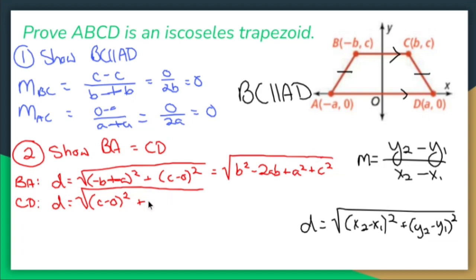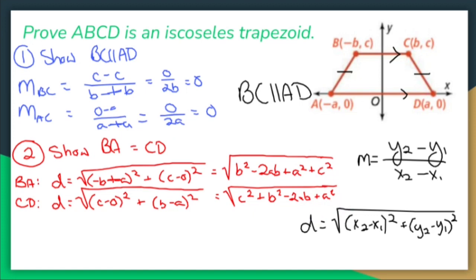Plus b minus a squared. c minus 0 squared is c squared, so there's my c squared. b minus a squared using perfect square trinomials is going to be b squared minus 2ab plus a squared. So there it is, the same exact thing.